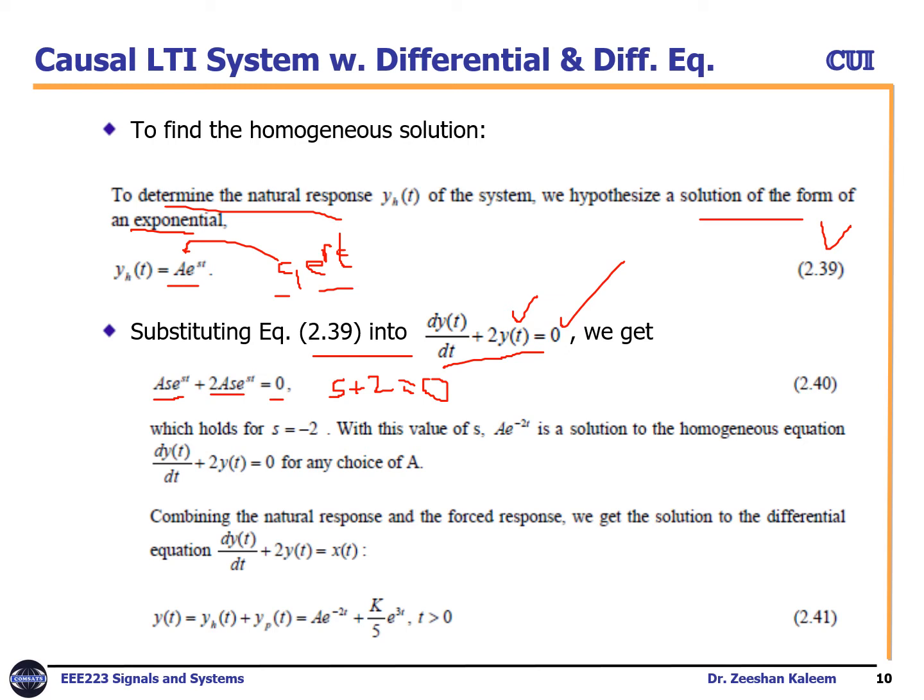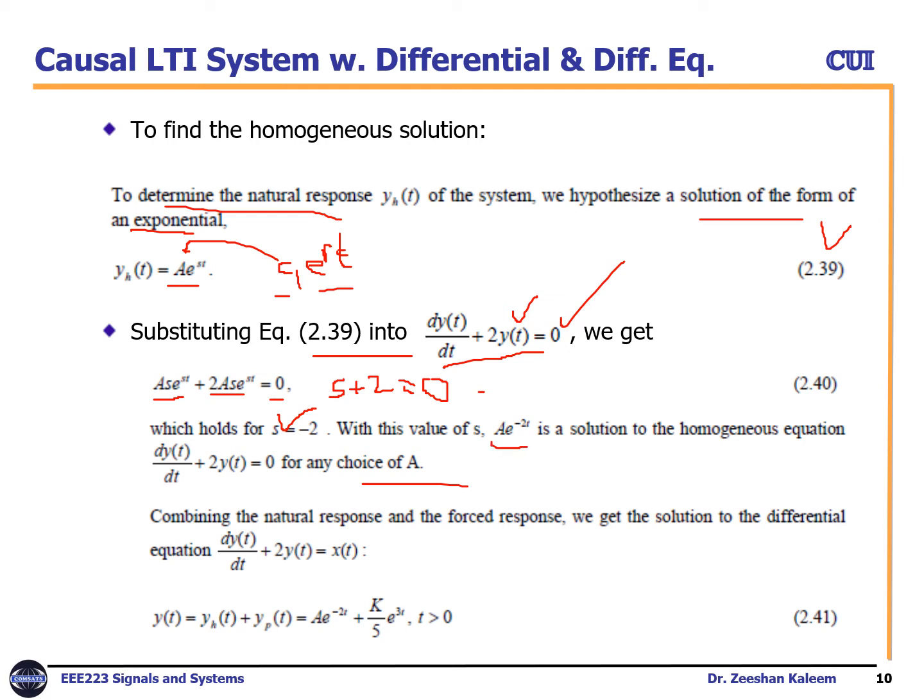Because there is no second order term, only the scalar term. So s + 2 = 0, which implies that s = -2. With this value of s, we can write our equation 2.39 for any choice of A this way, right? So we have y_h(t) = A e^{-2t}.